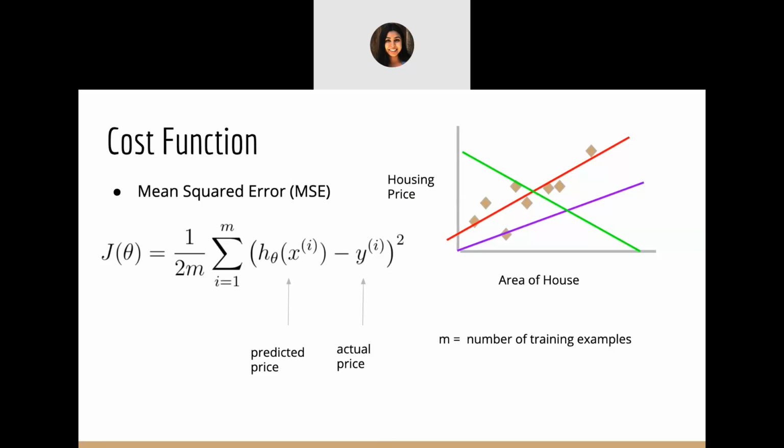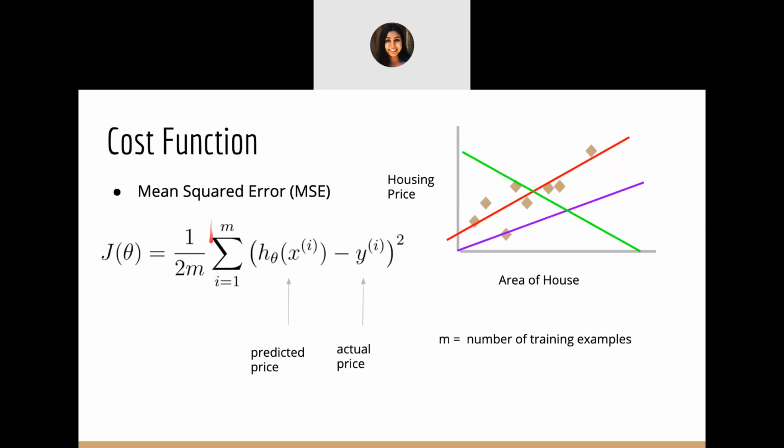In this case, I used the cost function called mean squared error. What it's essentially doing is getting the difference between the predicted price and the actual price, and then squaring that difference and doing that for each of the data points in our data set.